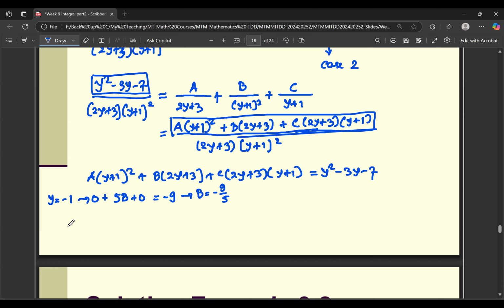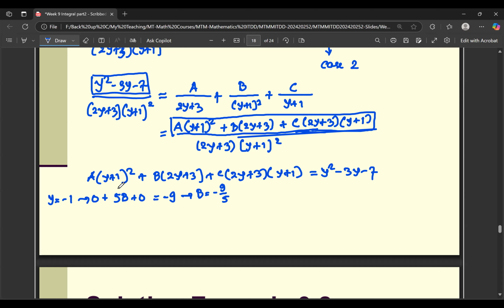Now what else? We can choose y equal to minus 3 over 2, for example, to make this term 0 instantly.